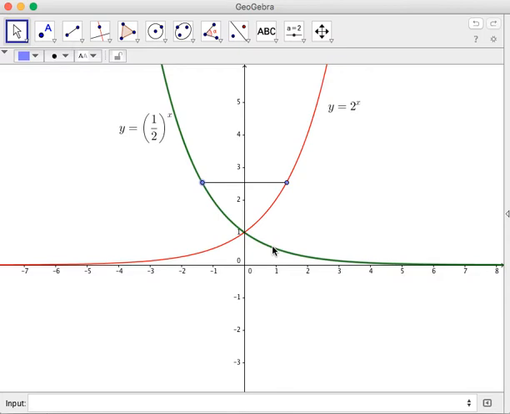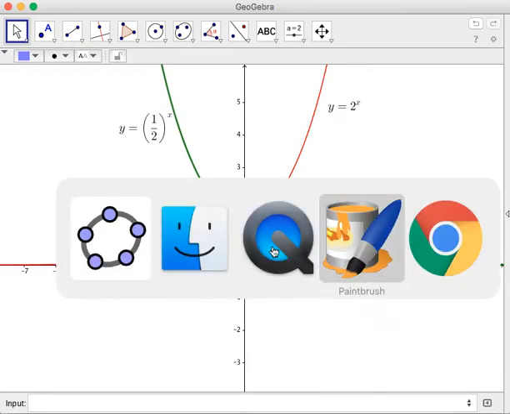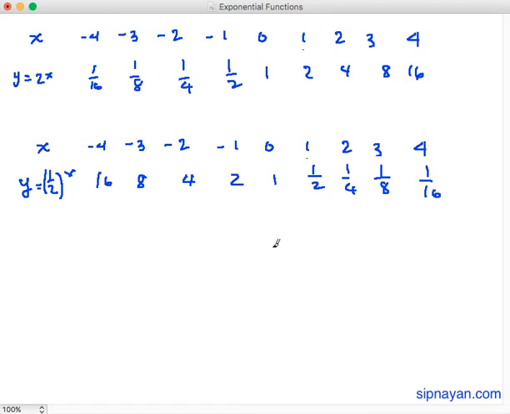Now, can we see that in the table? If you only look at the table, can you see that one graph is a reflection of the other? Look at the table. This is our x, this is our y for 2 to the x. I discussed this in previous videos, and I think this is very basic. It is the reciprocal of the power: 2 raised to the negative 4 is 1 over 2 to the 4th, or 1 over 16.